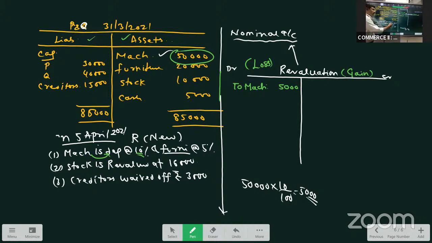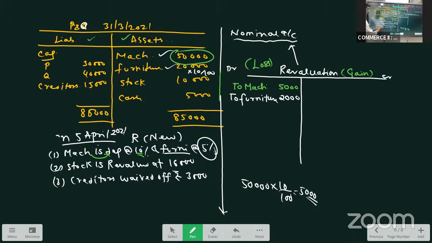Again, depreciation on furniture is a loss. What is the percentage given? 5%. Take it again on the debit side. To furniture. What is the book value given in the balance sheet? 20,000. So on furniture, 20,000 into 10%, it would be 2,000. Right? It would be 2,000.